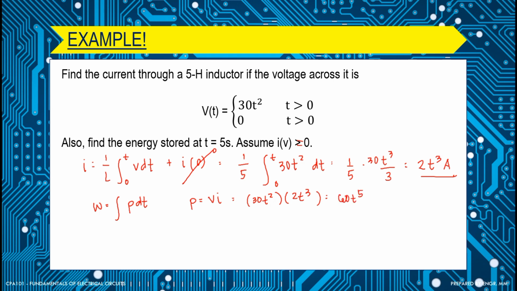Then let us substitute this here: the integral of 60t^5 dt. The energy stored at t equal to 5 seconds, so our limit is from 0 to 5. This will be 60t^6 over 6 from 0 to 5, which is equal to 156.25 kilojoules.